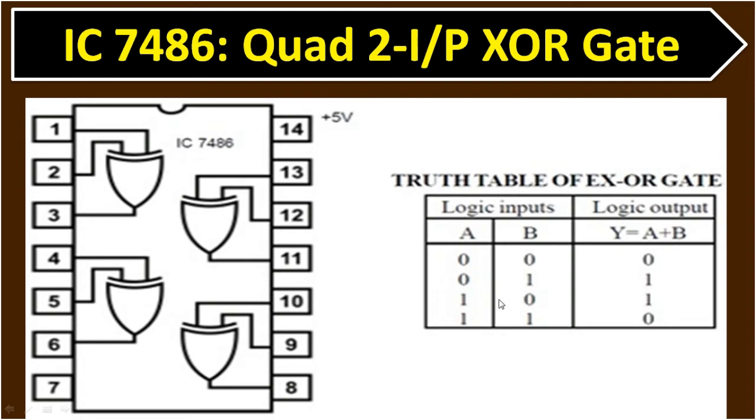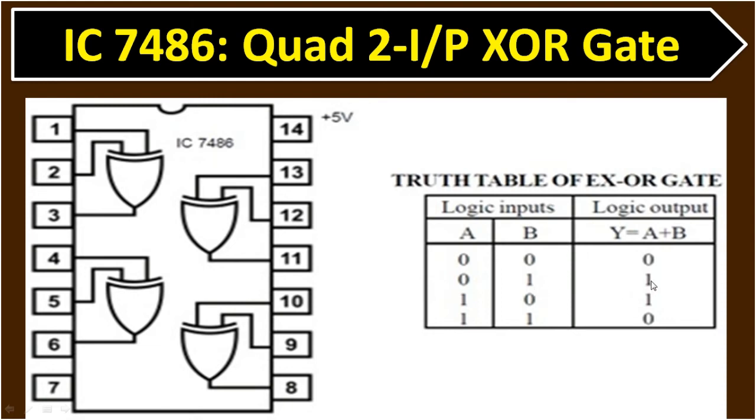If the number of logic ones at the input is even, 1 plus 1, there are two ones available here, so output is 0. Here also the same thing. The number of ones is 0, that is an even number, so output is 0. So that's why the XOR gate is called an odd parity generator, because if the number of ones is odd, then output becomes 1.